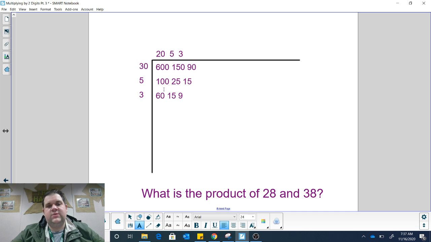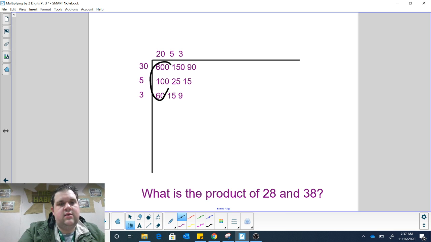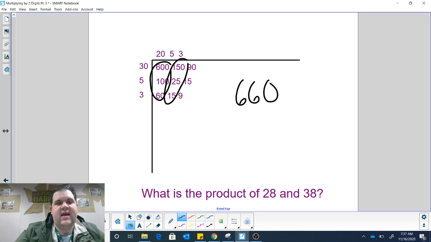So 600 plus 100 plus 60 is 660. 150 plus 25 plus 15 is 190.